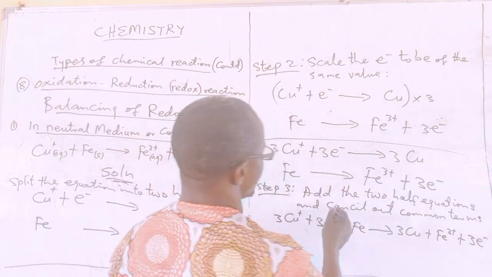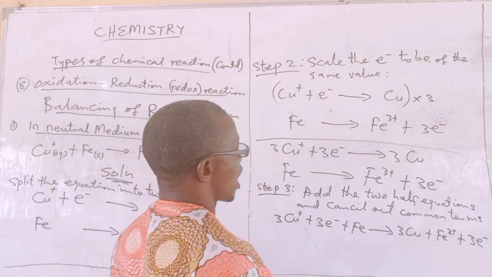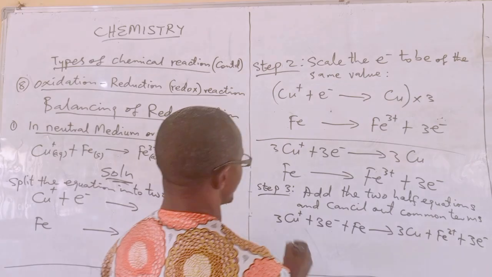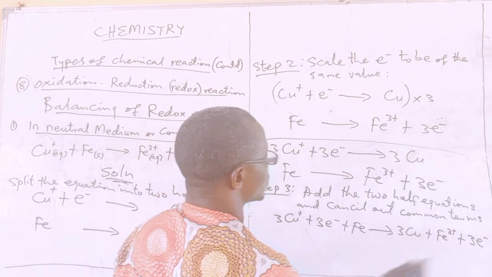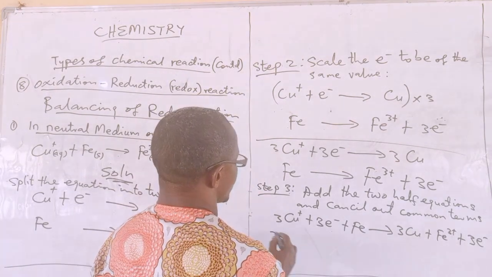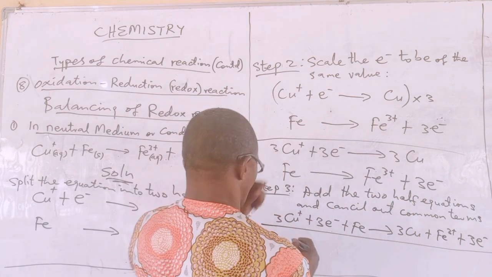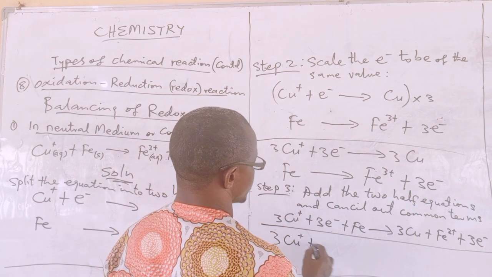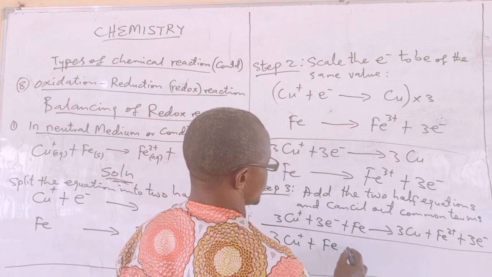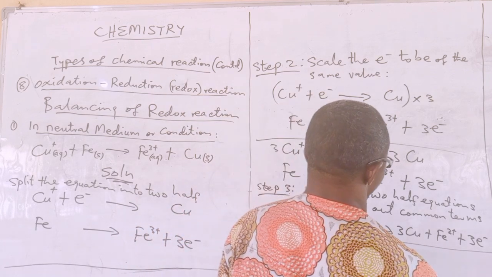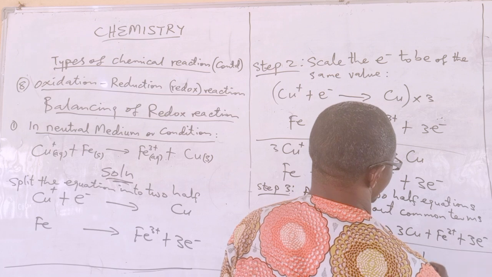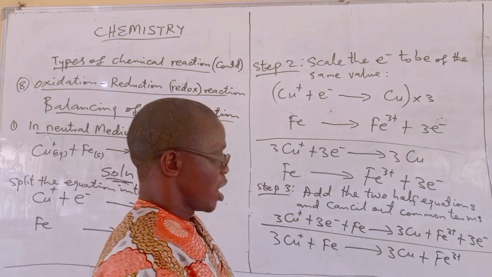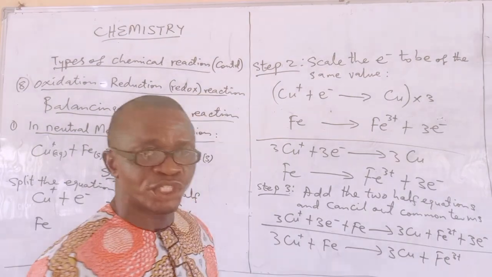Cancel out common terms. These and these are the same. So if I cancel it, I can now write them out: 3Cu+ plus Fe to give me 3Cu plus Fe 3 plus. So this is the new equation now.